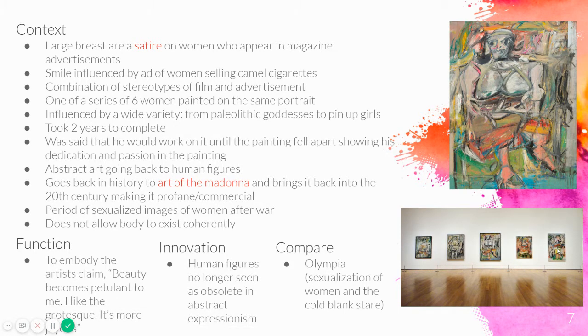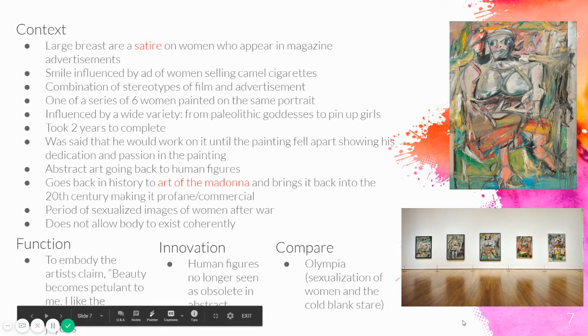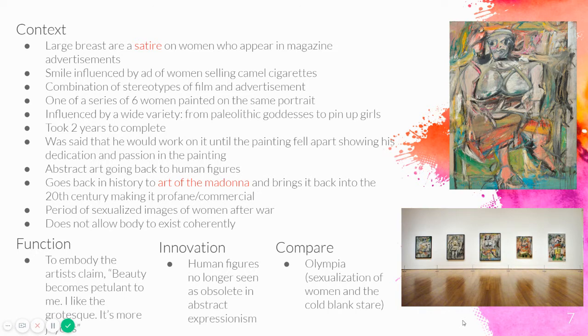So the function of this is, I think, well said here. She captured a quote by de Kooning. It says, "Beauty becomes petulant to me. I like the grotesque. It's more joyous." So, again, it's that reestablishing of the aesthetic, that we have the freedom to be attracted to our own aesthetics.